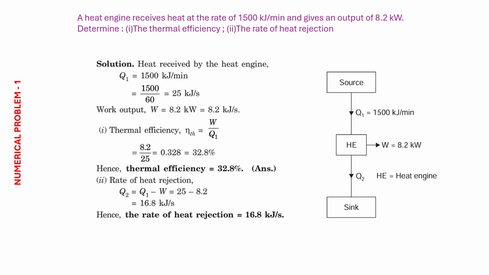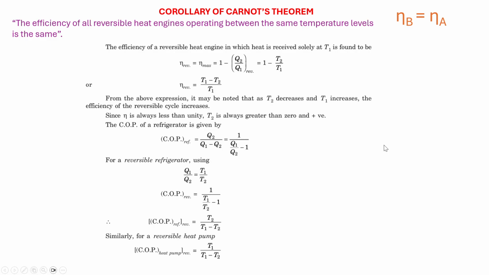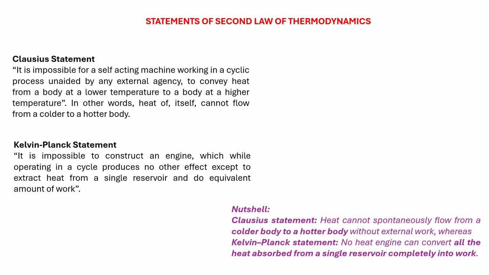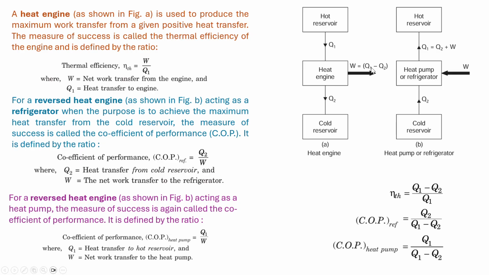Then comes the second quantity to find, the rate of heat rejection, which is Q2. We all know the formula from the general diagram: W is equal to Q1 minus Q2.